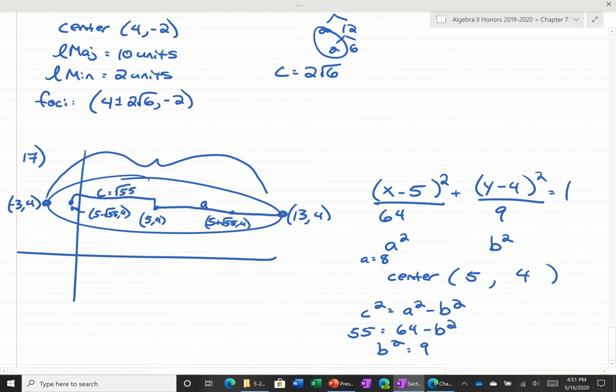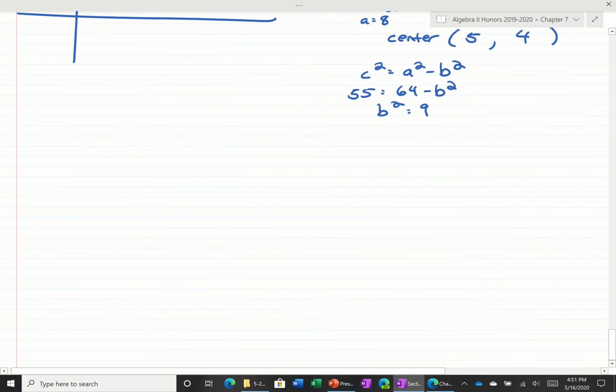All right, we'll do one more. Maybe we'll do 18 from this section. And for number 18, we do have a vertical ellipse. And it looks like we have a point -2, 4. And this would be -2, -4.